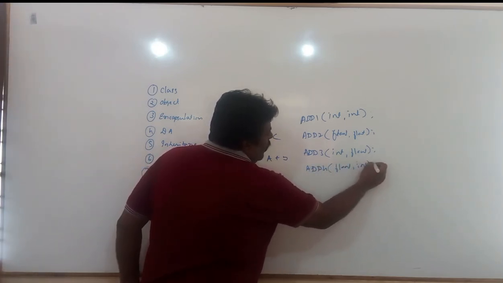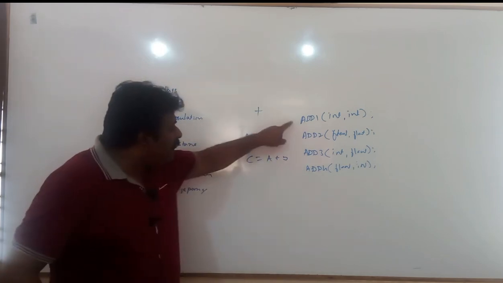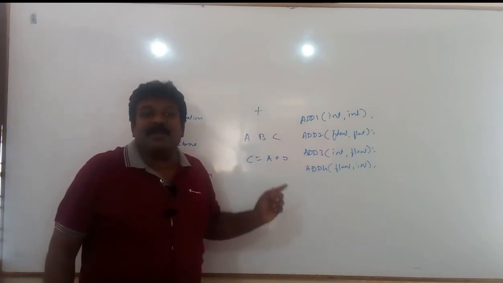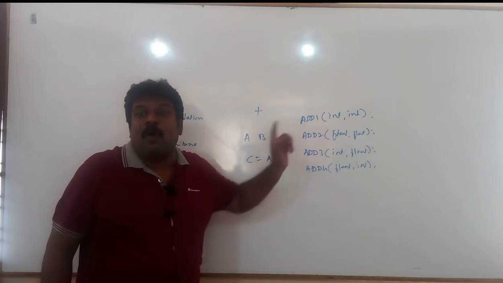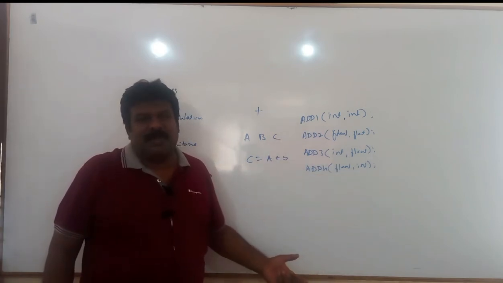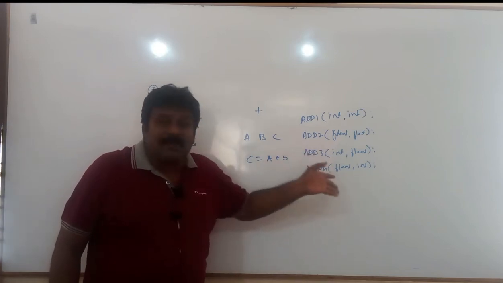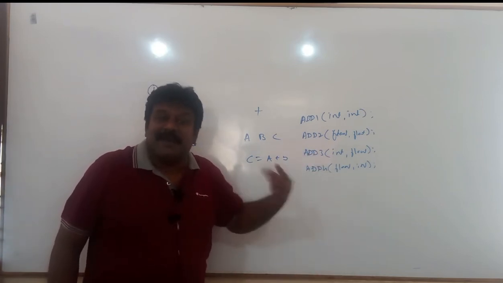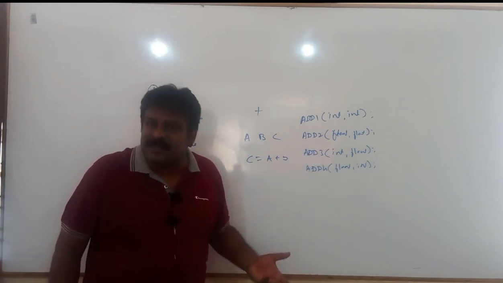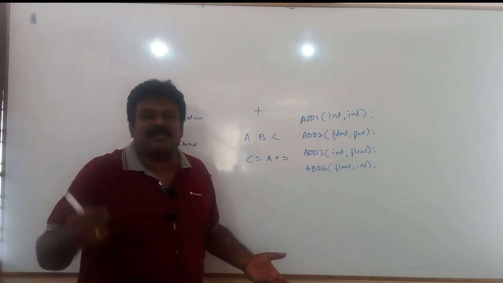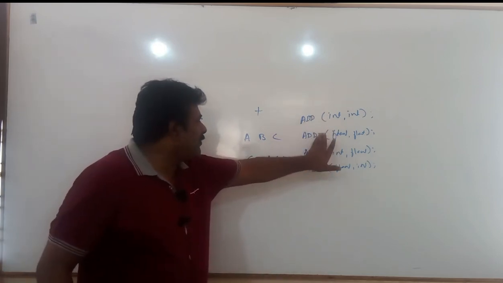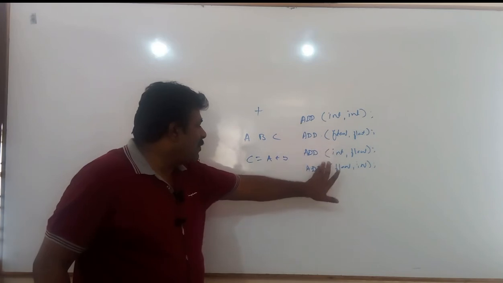So I gave 4 different names. Here the user will be confused about what function does what. It is a bit difficult for the user to understand what function does addition of what. Instead of that, C++ gave us the opportunity of giving the same name for multiple functions.